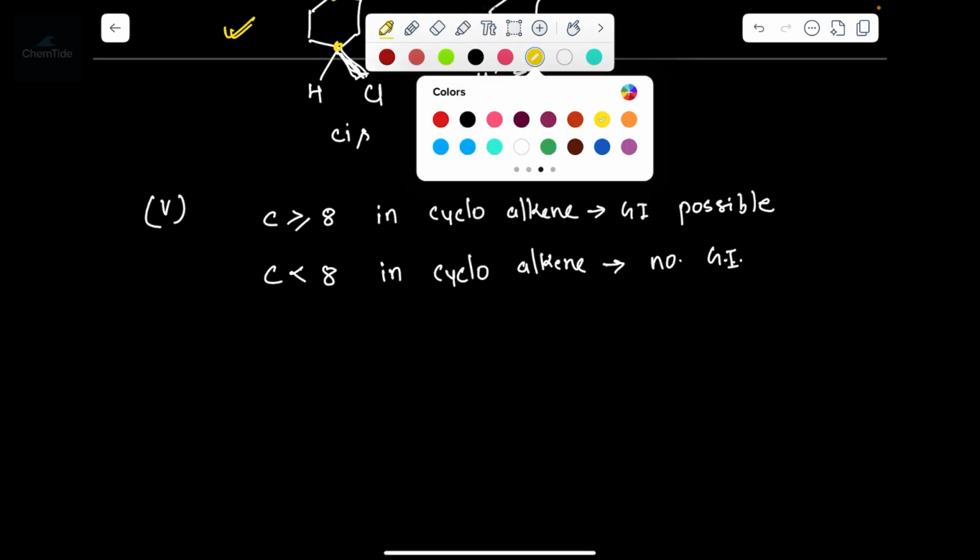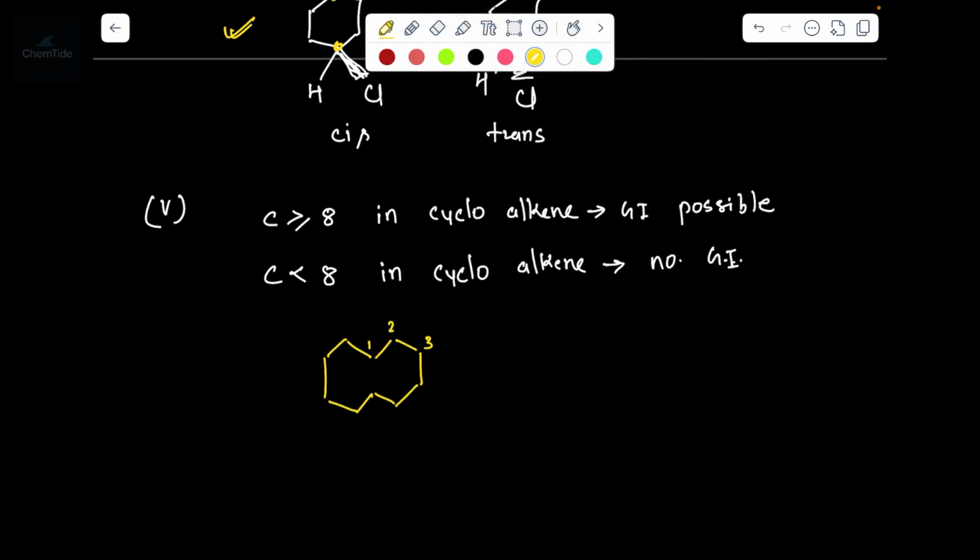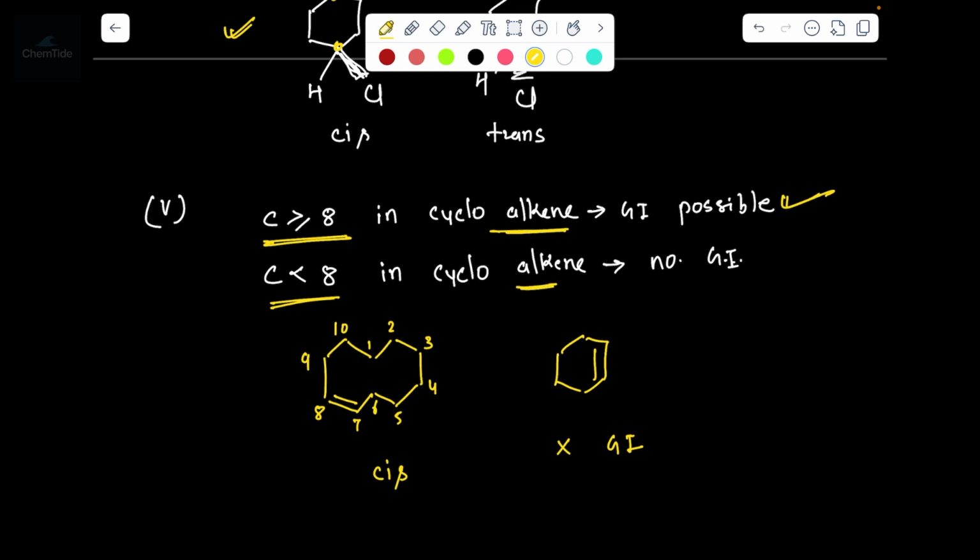For example, if I write it that way, it becomes cis, then it's possible. But if I draw the double bond like this and say that GI is possible, no GI. Remember that this is the exception or special case. Carbon count greater than or equal to 8 in cycloalkene, only in that case GI is possible. If it is lesser than 8 in cycloalkene, no geometrical isomerism.